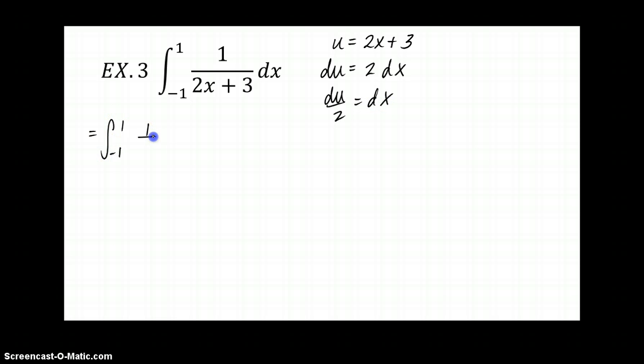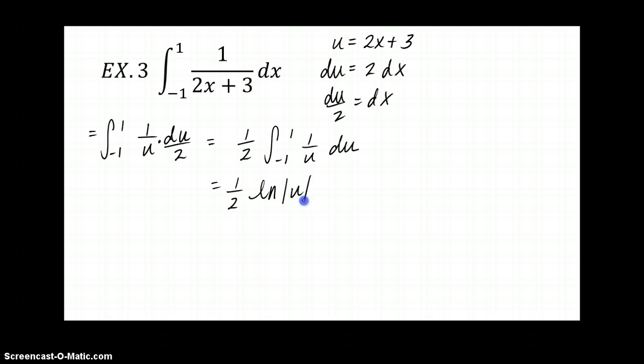So now we're going to look at the rule with a definite integral. Okay, we bring the 1/2 out front, from -1 to 1 of 1 over u du. The antiderivative of 1 over u would be the natural log of the absolute value of u. I don't need plus c because it's a definite integral.